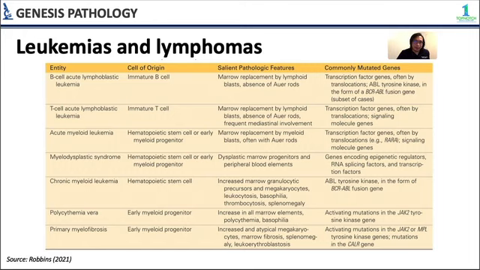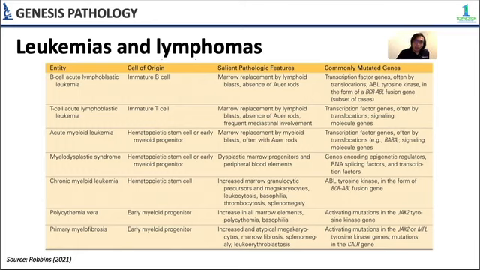Okay? These are not leukemias. Polycythemia vera. Let's remember that in polycythemia vera, our EPO is low to normal, compared to reactive polycythemia where EPO is high. EPO is erythropoietin. Usually in polycythemia vera, we have a mutation in the JAK2 tyrosine kinase gene.